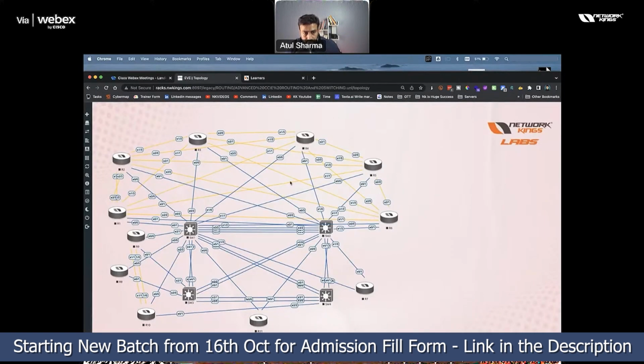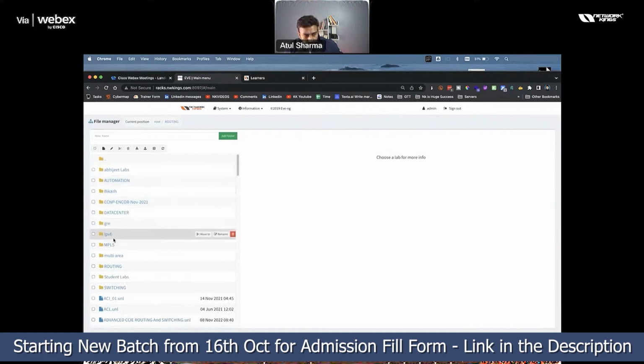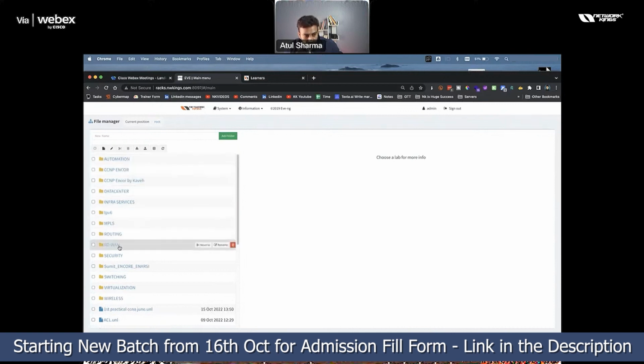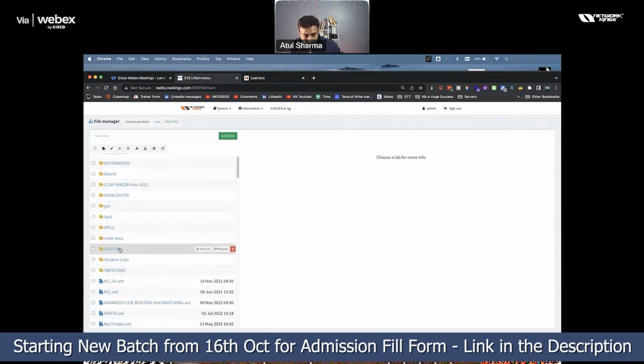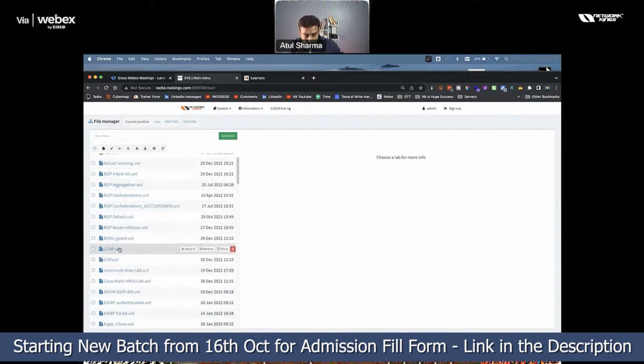There are big labs with a lot of routers and switches. If I go to the routing section, this is the same login you are going to get, and you can see all the topics mentioned here. Suppose you are going to learn all the topics of routing, you click on routing and inside you will have a lot of labs.